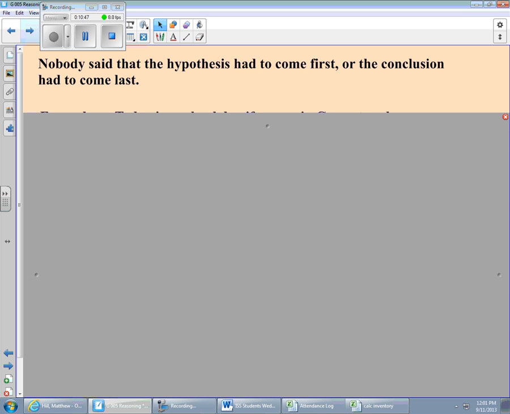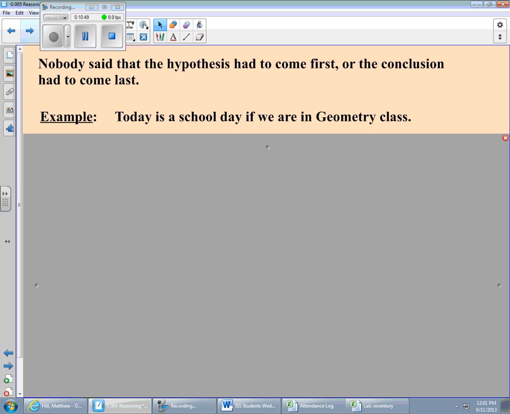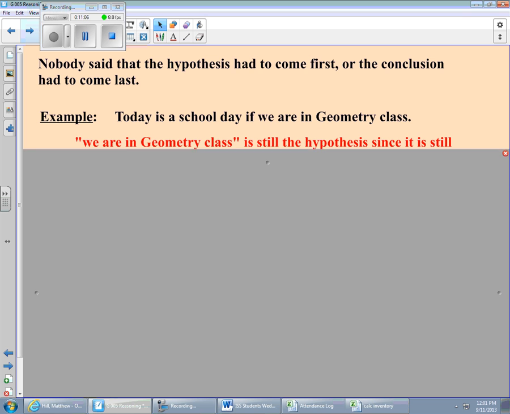Okay, so let's have a look here. We already looked at if we are in geometry class, then today is a school day. That sentence could very easily be twisted around without changing its meaning and say today is a school day if we are in geometry class. Okay, well, nothing has changed here.